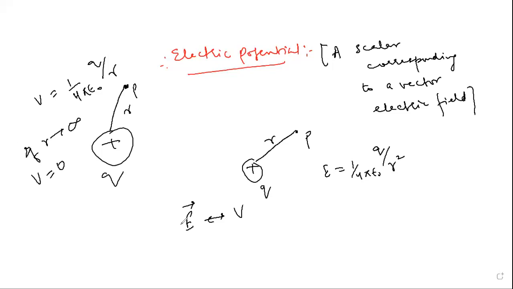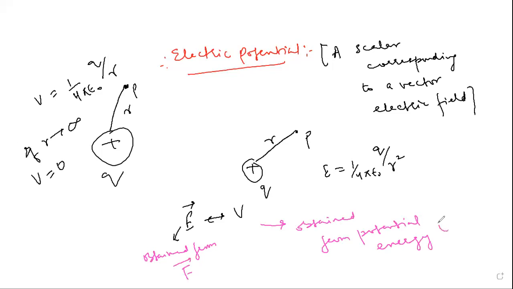E is obtained from force, F. V is obtained from potential energy, U, right? So electric potential is simply a scalar representation of the vector field, right?